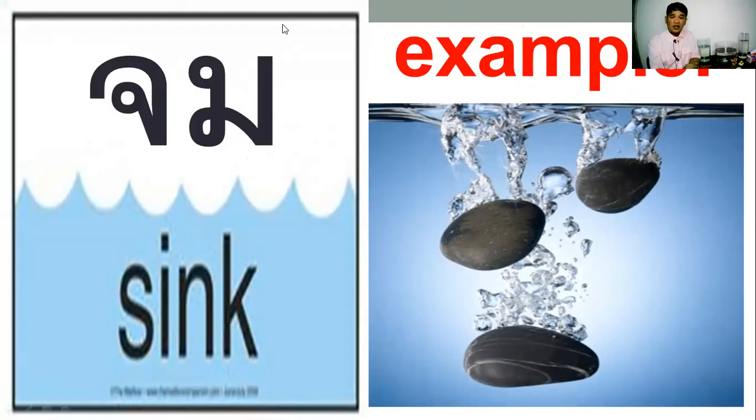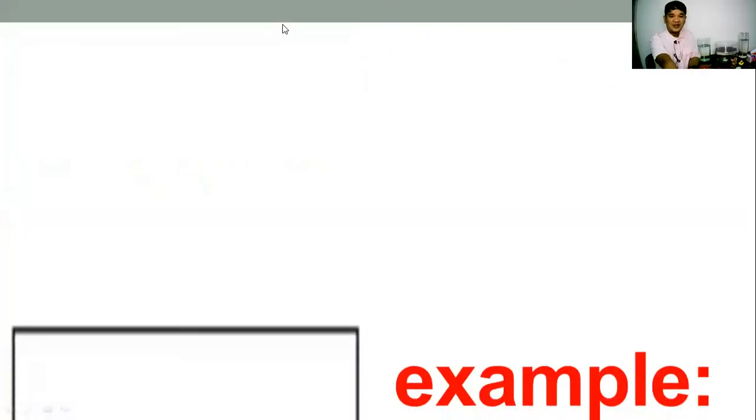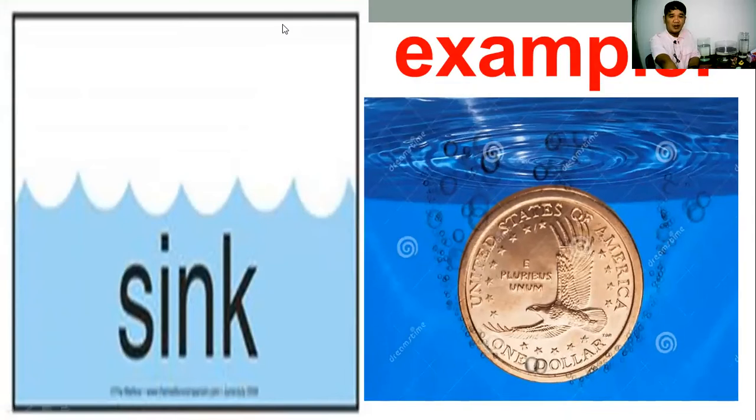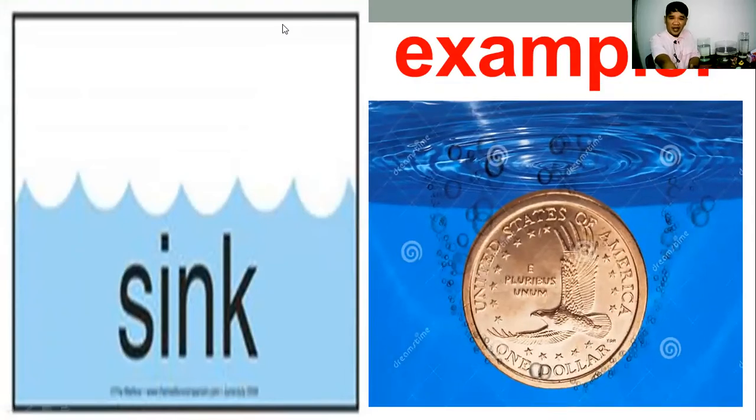So therefore, stone is an object considered as sink. Is it correct? Yes, it is. Very good. Now, another example. Oh, it's a penny, a coin. And we all know that a coin is made of metal. So therefore, a penny is a sink object.